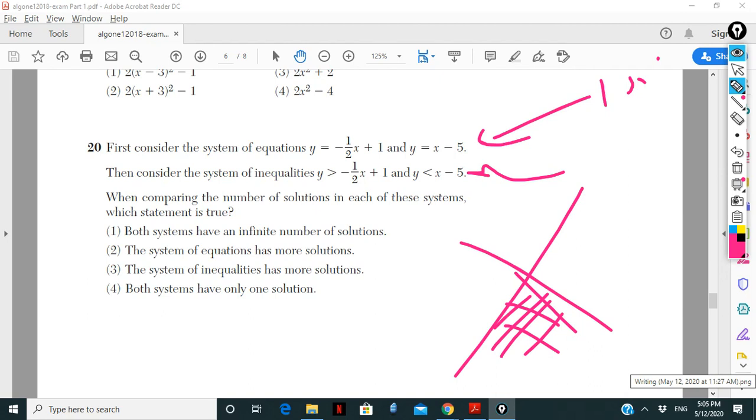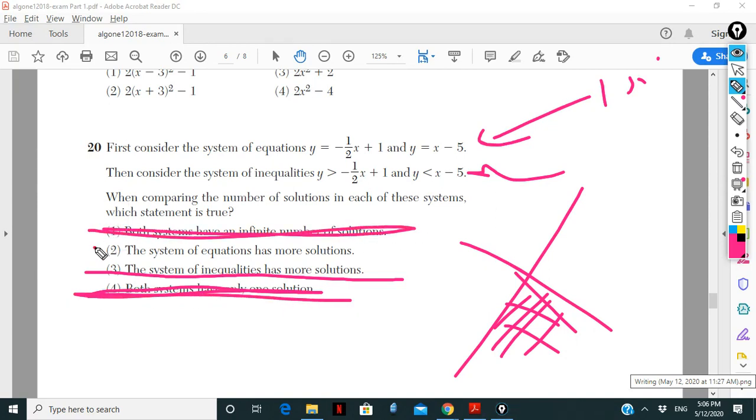So a system of equations should have only one, but a system of inequalities has more. In that case, I'm picking 3, because I said a system of equations has one answer. Here it says both systems have only one solution. This is incorrect. The system of inequalities has more than one solution because I have a shaded area.